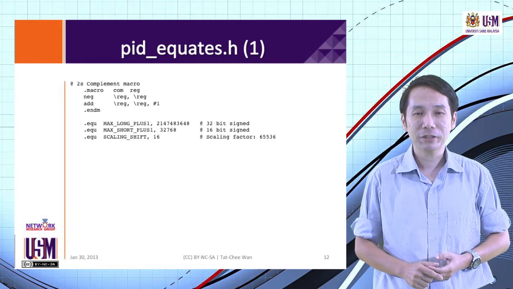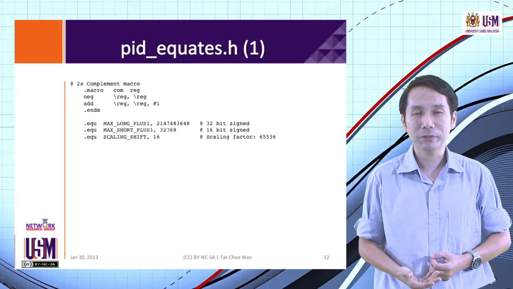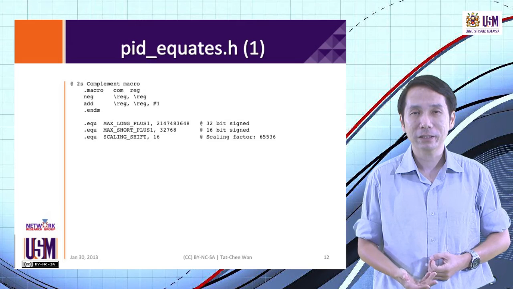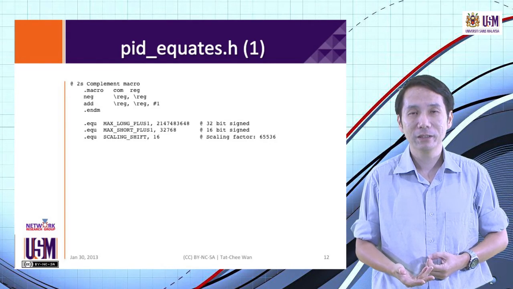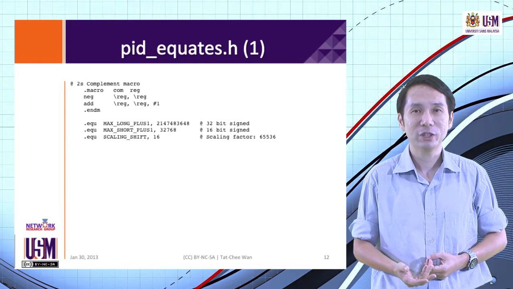Secondly, the scaling shift, otherwise known as the alpha parameter, is used to scale the values calculated by the PID controller so that we achieve better precision.